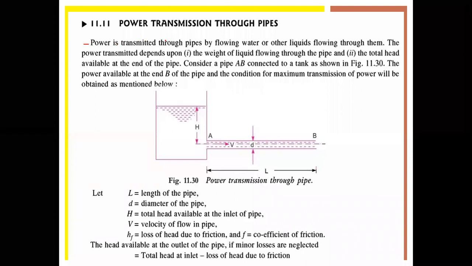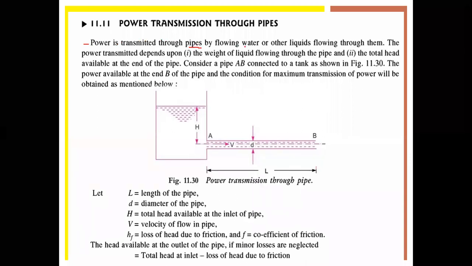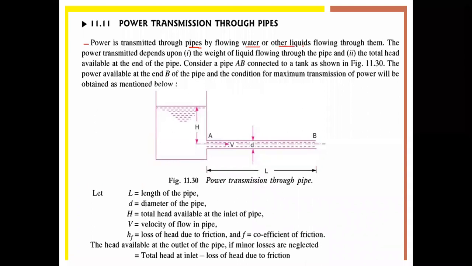The power is transmitted through the pipes by flowing water or other liquids through them. So the power is transmitted through the pipe when a high jet of water is flowing through the pipe.